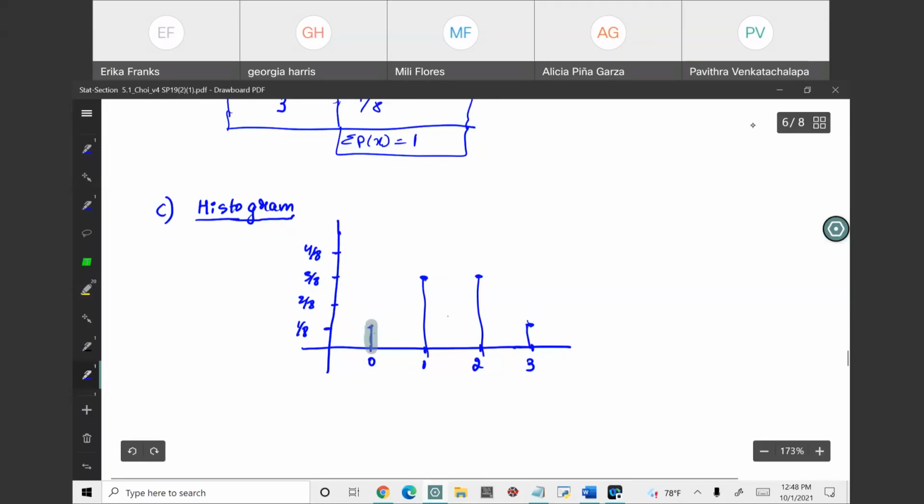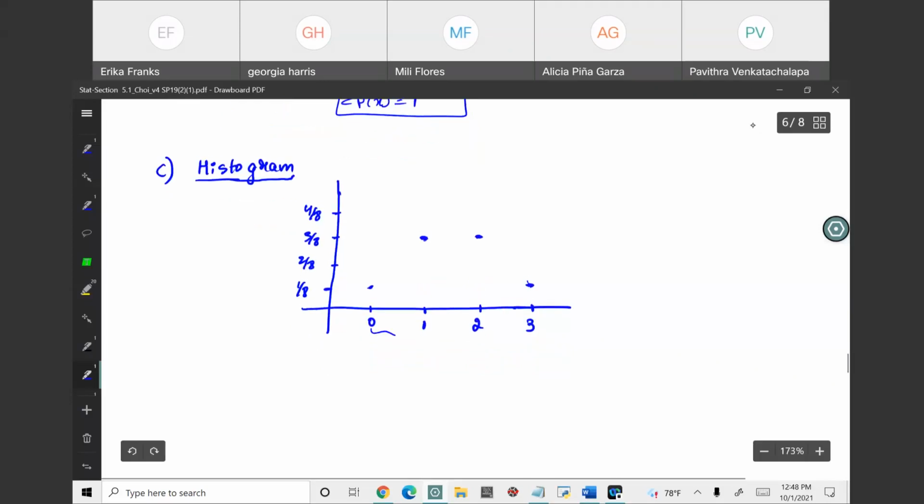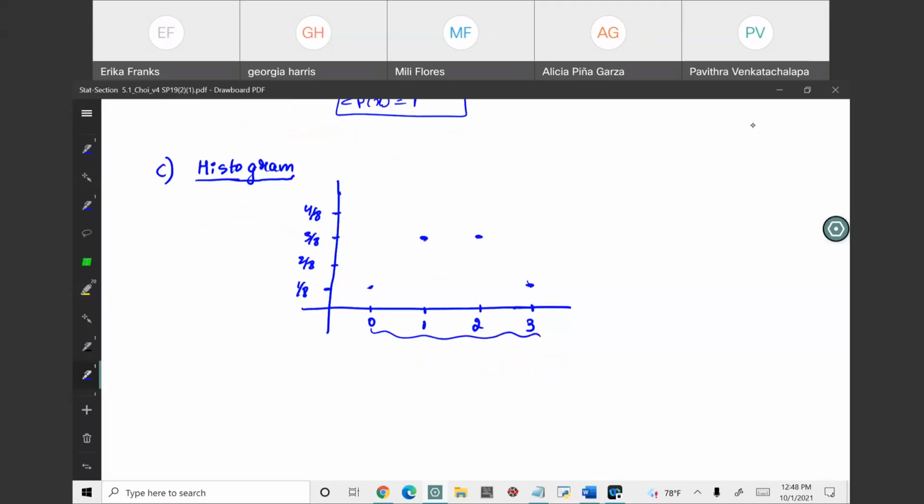Now, how can we construct the histogram when the class interval is not given? What do you think these values are? These are not the class intervals, but the class midpoints. Whenever you have such values, give a gap between the values.